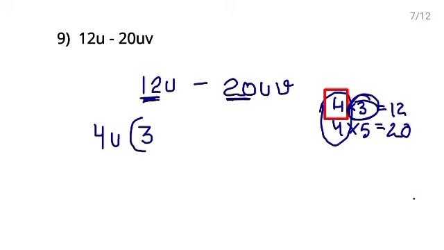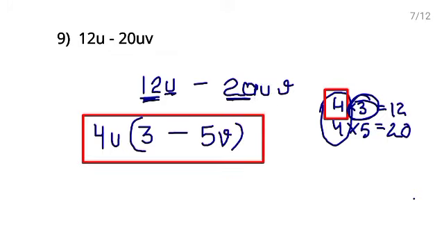And you also have taken this u outside the bracket. एक ही u था, वो भी आपने ब्रैकेट के बाहर ले लिया. So now you don't have variable in this term. Minus 4 5s are 20. You already have taken 4 and u outside the bracket. You are left with v now. So this is your answer. 4u into, in the bracket we have 3 minus 5v.